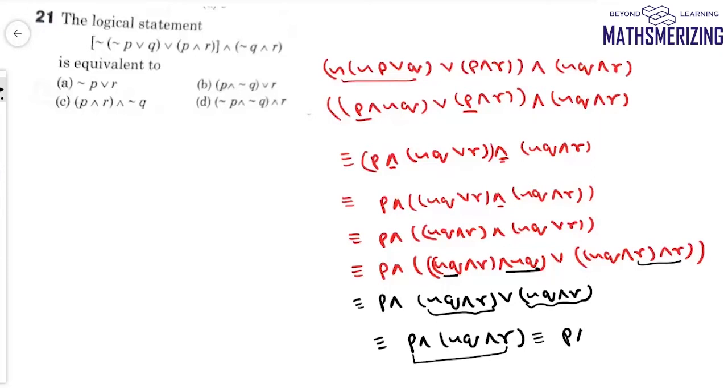So I'll write P and R and not Q, which is your option number C.